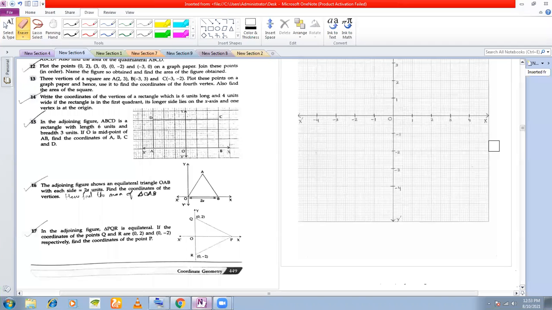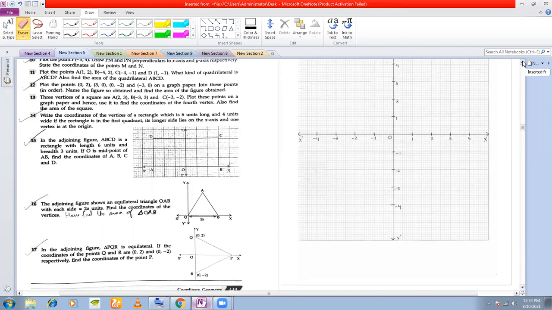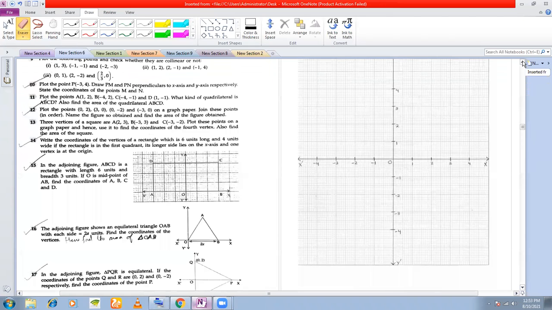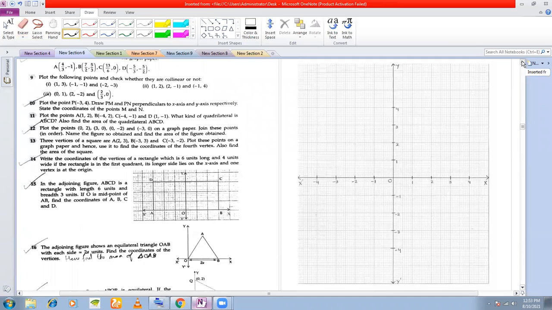Write down the coordinates of the vertices of a rectangle which is 6 units long and 4 units wide if the rectangle is in the first quadrant and its longer side lies on the x-axis and one vertex is at the origin. Okay, the rectangle lies in the first quadrant. Which one is the first quadrant? This one, right?